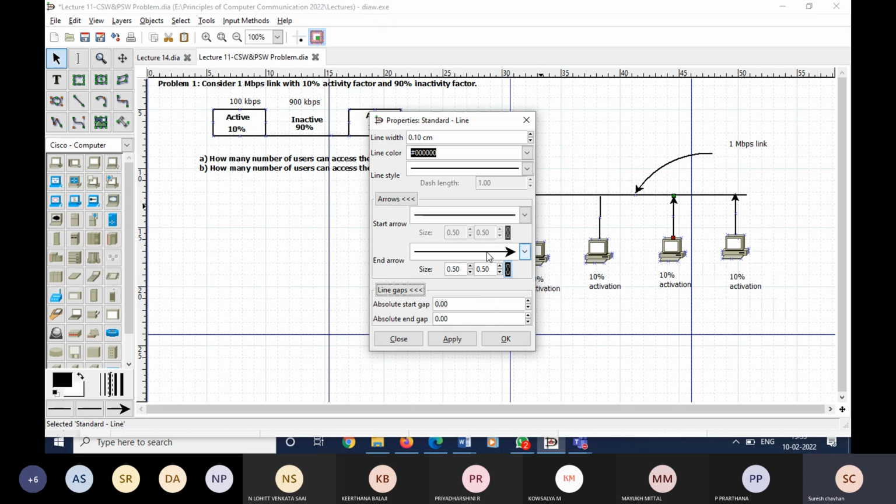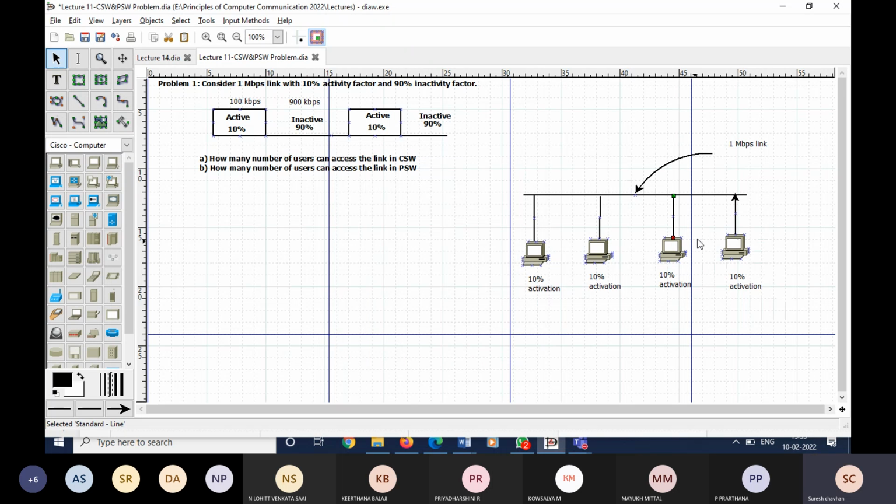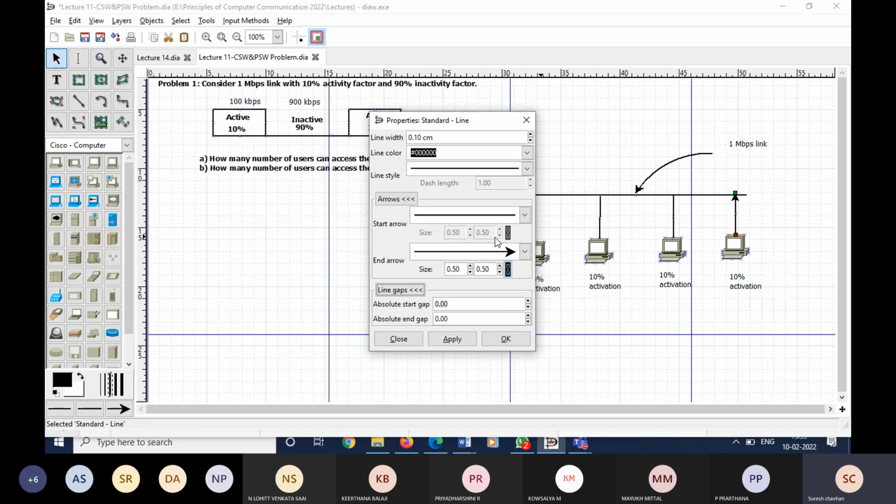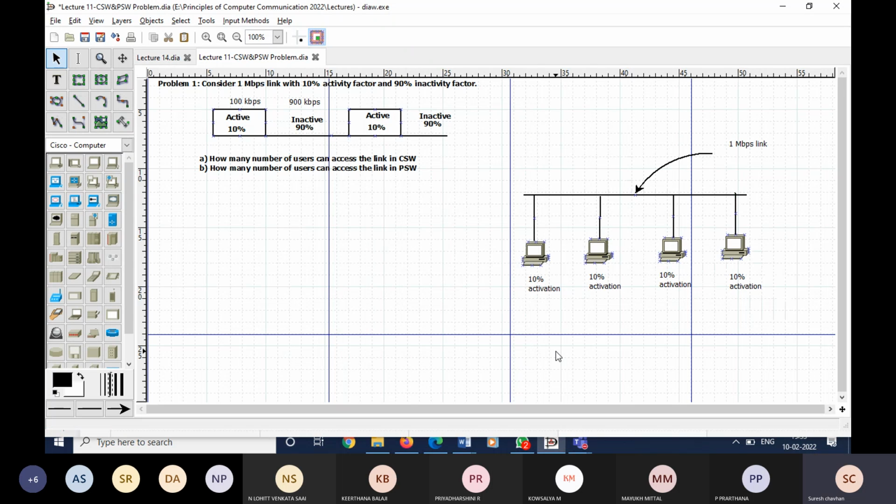As I'm saying, it's a circuit switched network, meaning a dedicated link will be established, from suppose A, B, C, and so on, maybe K, with three dots in between.